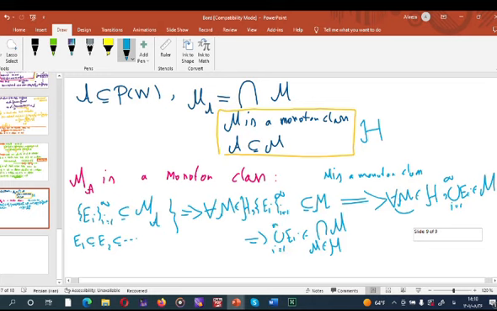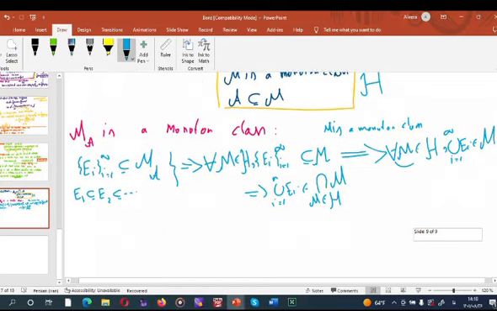So this set is closed under union of increasing sequences.